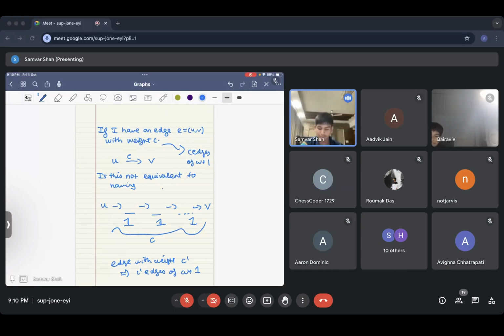I can just do BFS, right? So first of all, does everyone agree with me? These two are equivalent. Yeah, everyone agrees with me. So just use BFS to solve for shortest path, for weighted edges as well. Why do I need something else?